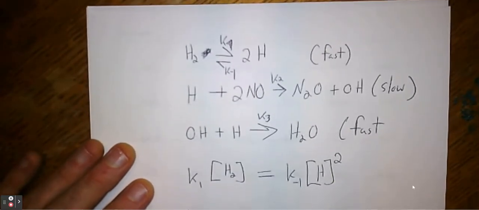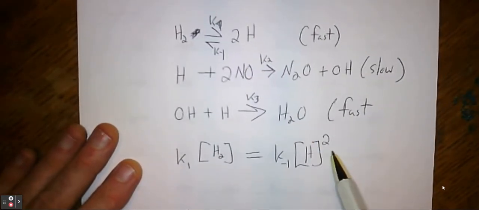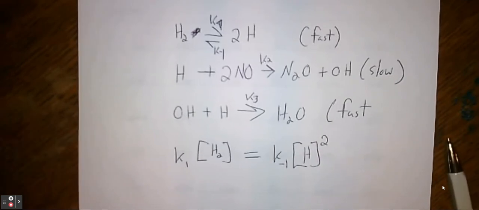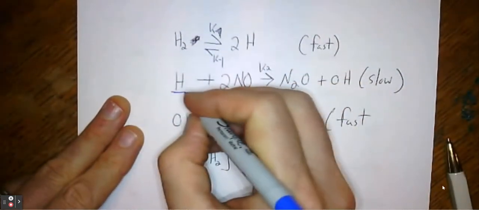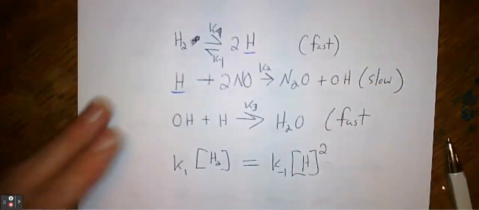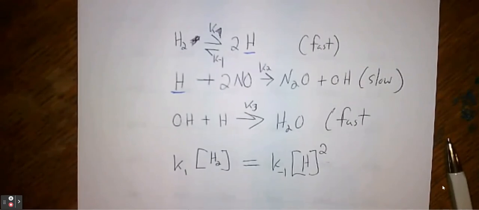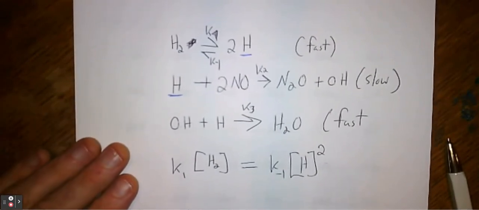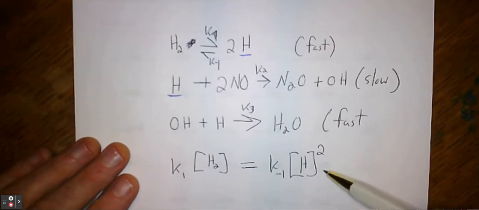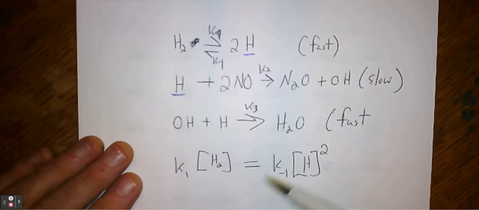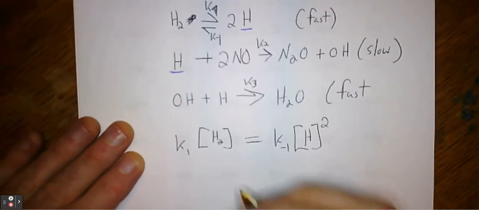All right. Now this is interesting. This is different because H is our intermediate. You can see it right there. That gets gobbled up on the next step, and so we need to get rid of this. And we solve this for H, because our rate law, and I'm going to skip to the third step.